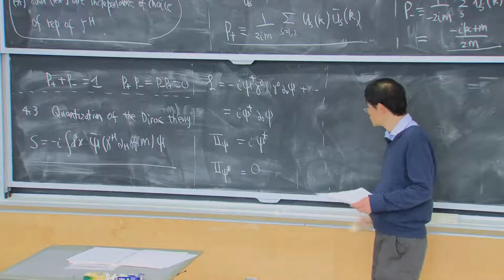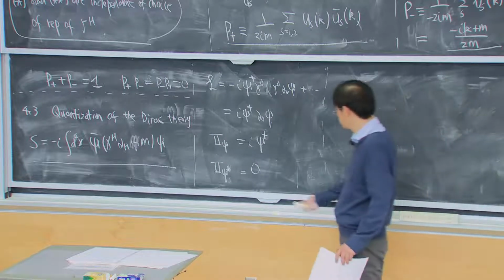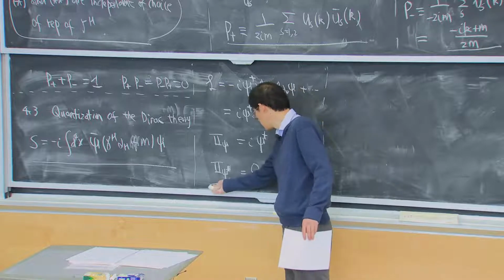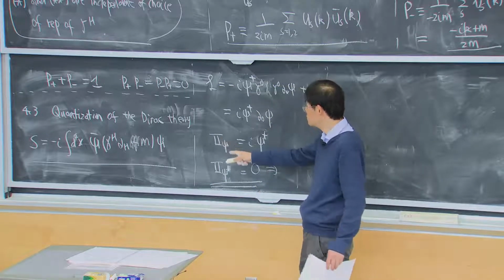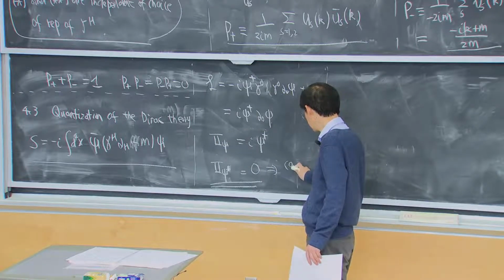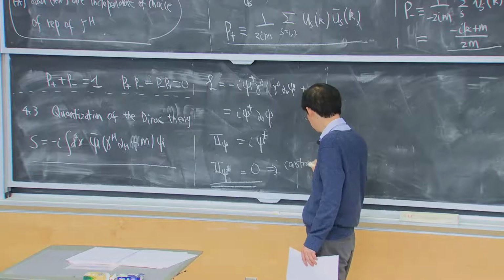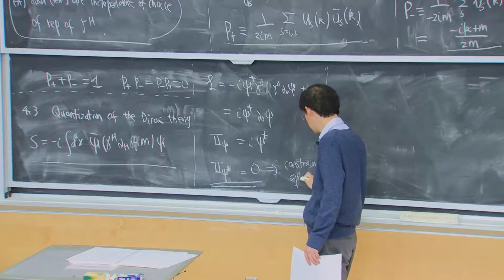The fact that this equals 0 tells you that the Dirac system is actually a constrained system. So this is considered to be a constraint.